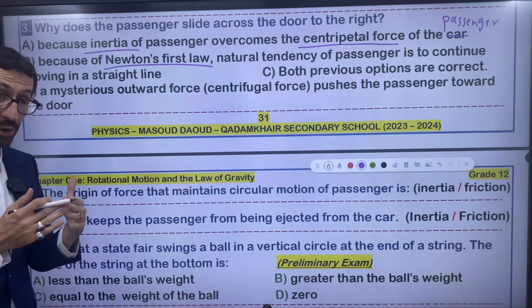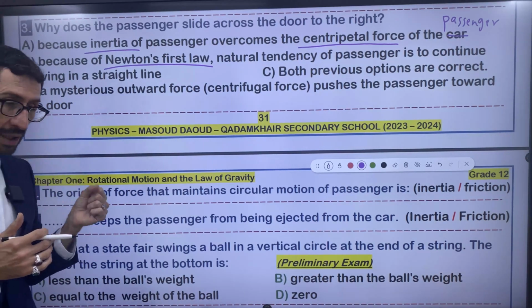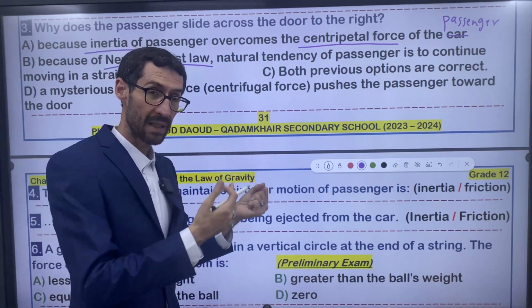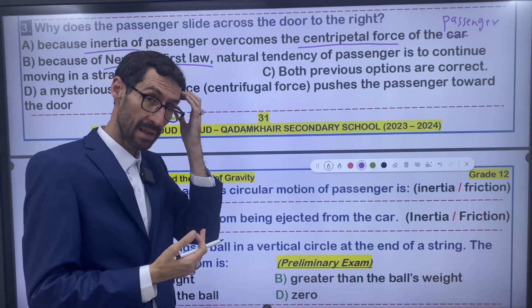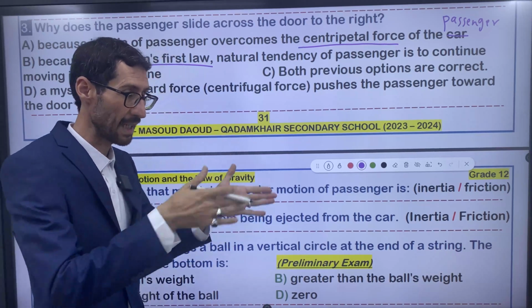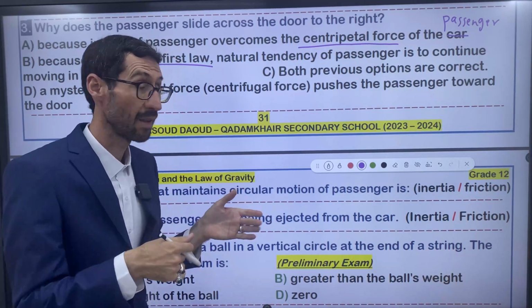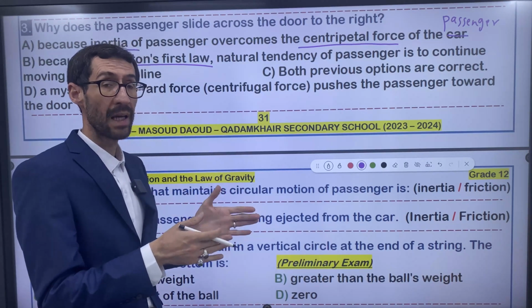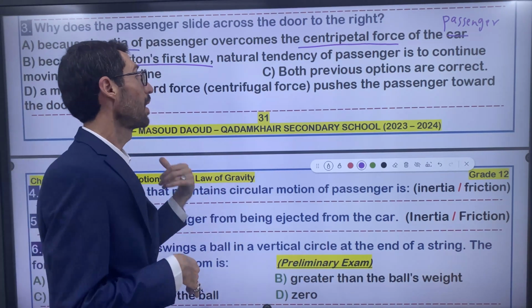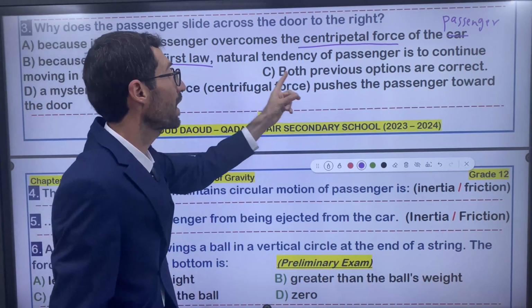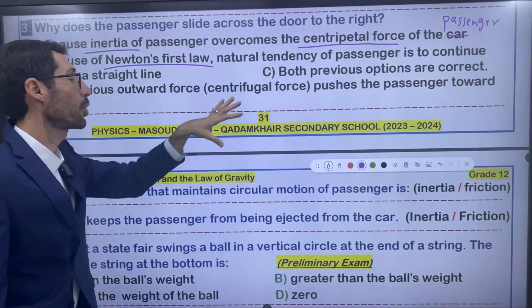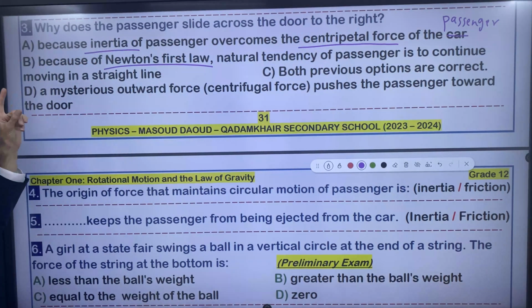Because at the beginning, I told you, the car was moving in a straight line. That's why the passenger tends to be in a straight line, according to Newton's first law, law of inertia. See, both previous options are correct, right? But let me read the last option.